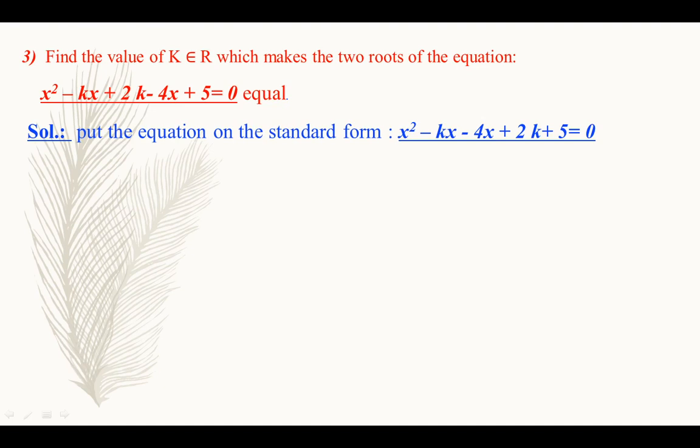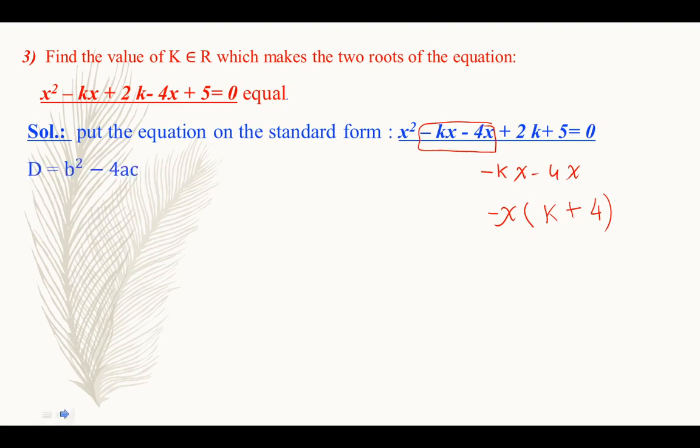We take negative x as a common factor: negative kx divided by negative x is k, and negative 4x divided by negative x is positive 4.